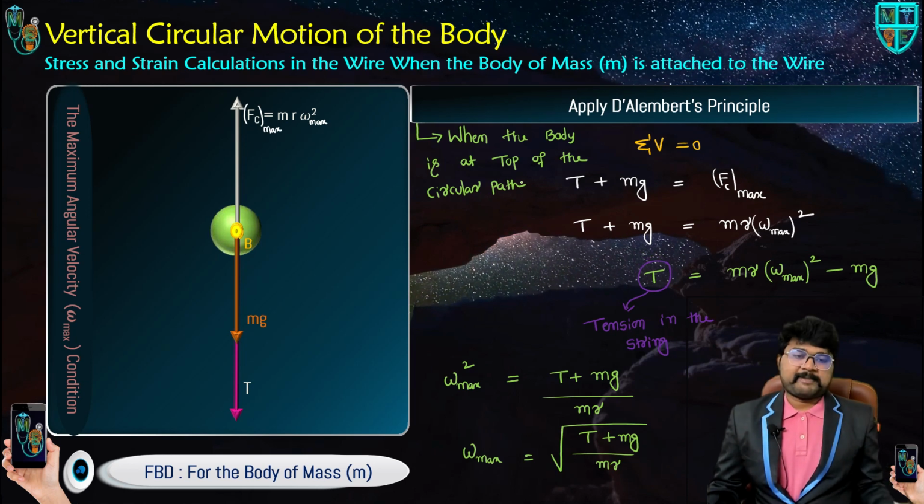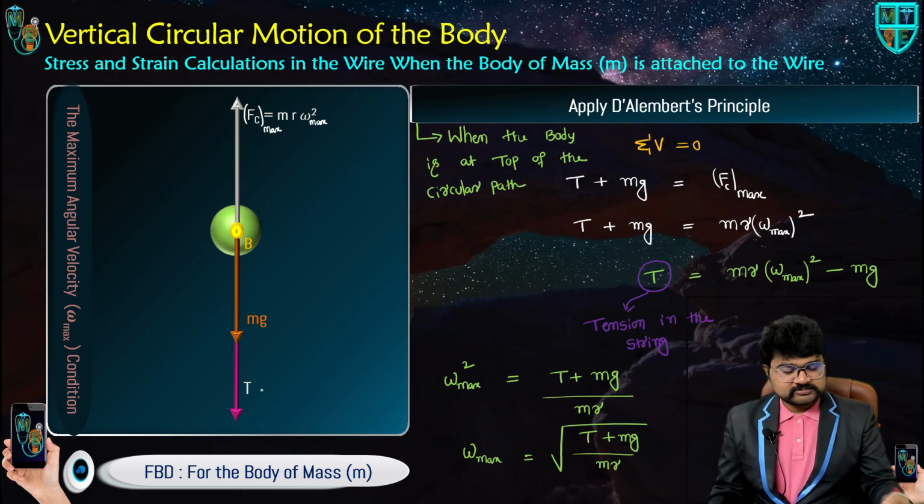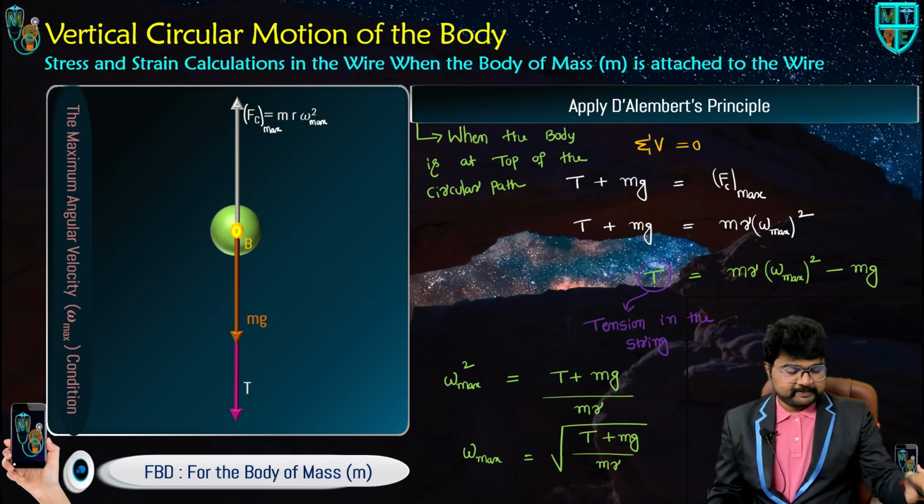Okay, so this is the maximum angular velocity, and here I can say maximum tension in the string when the body is at the top of the circular path.